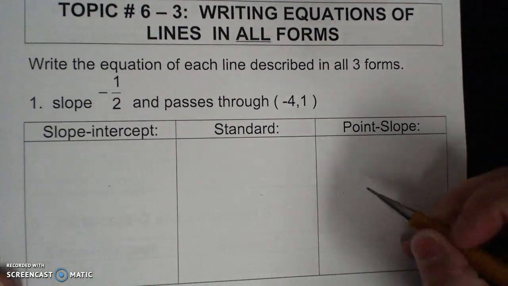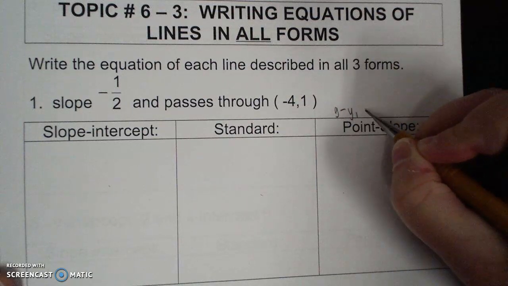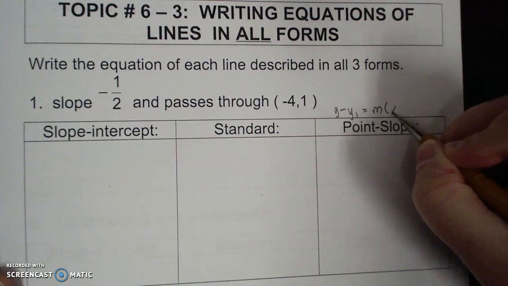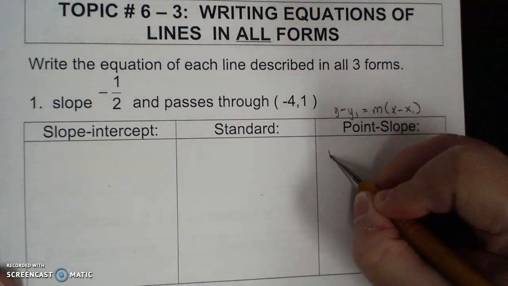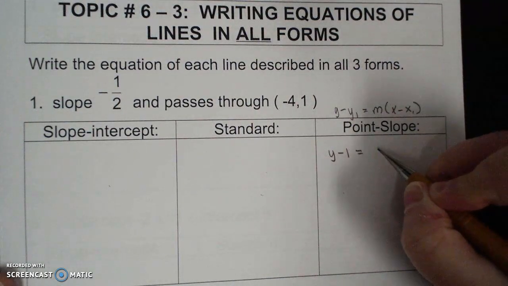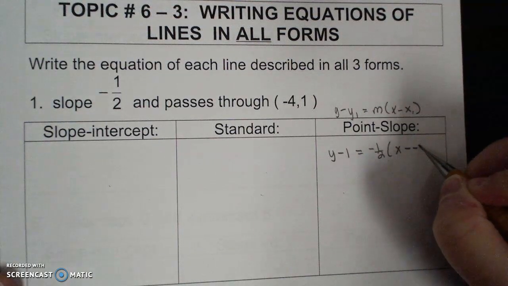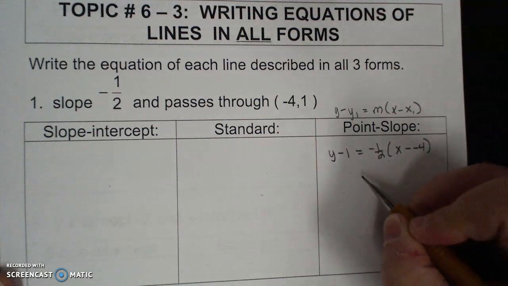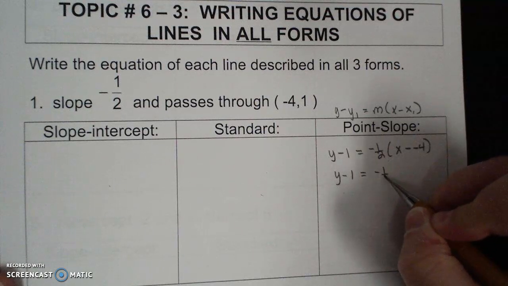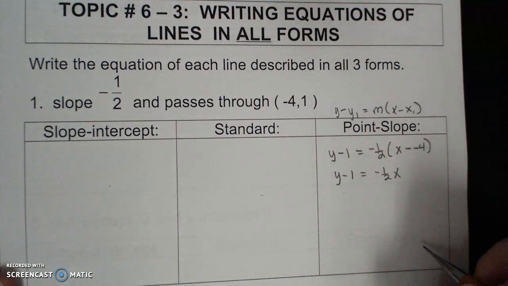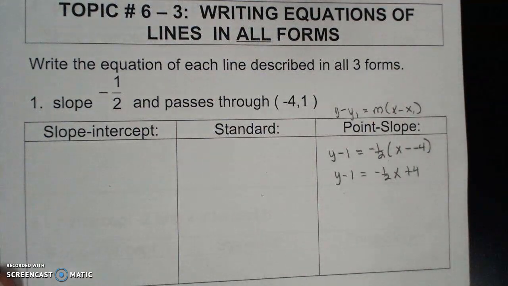So I'm going to do point slope. Remember, it's y minus the point equals m times the x minus the other point, right? So I'm going to do y minus 1 equals negative 1/2 times x minus negative 4. And I'm going to have y minus 1 equals negative 1/2 x plus 4.